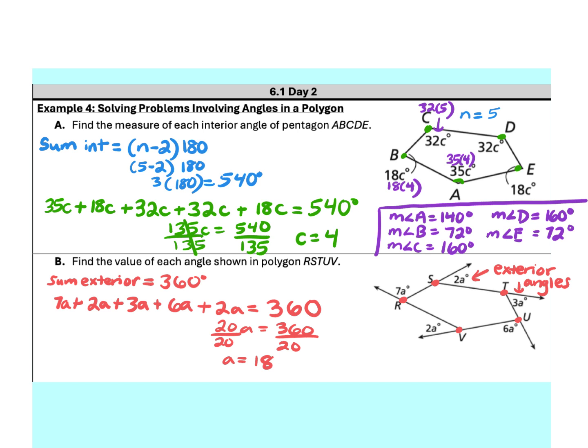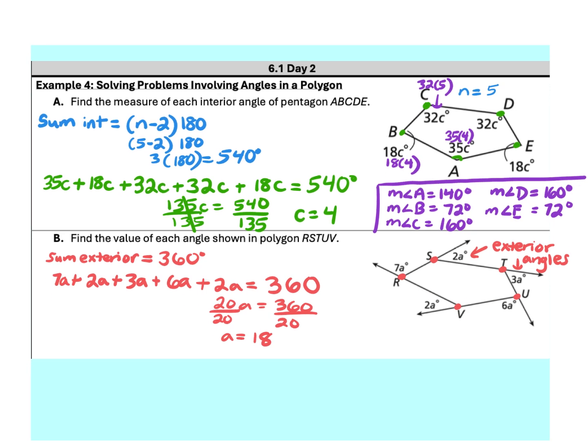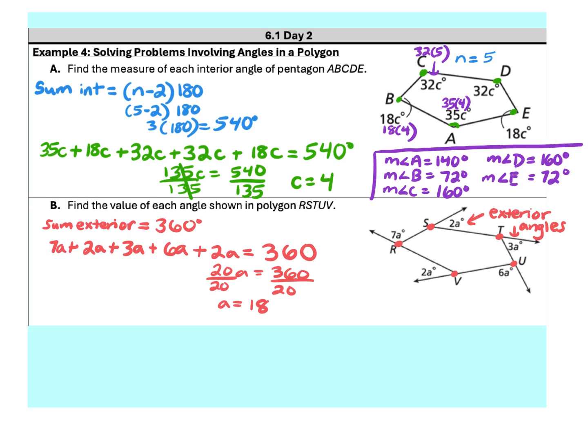The directions, though, ask us to find the measures of the exterior angles. So to do that, what we're going to do is just plug the numbers in. And these are the exterior angles. So technically, I don't want to call them angle R. Angle R most likely would refer to the interior angle in the polygon. So I'm going to just make a list here.